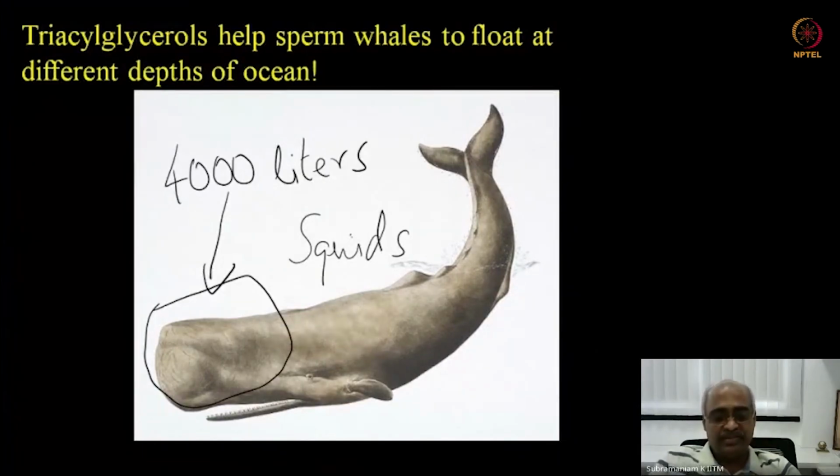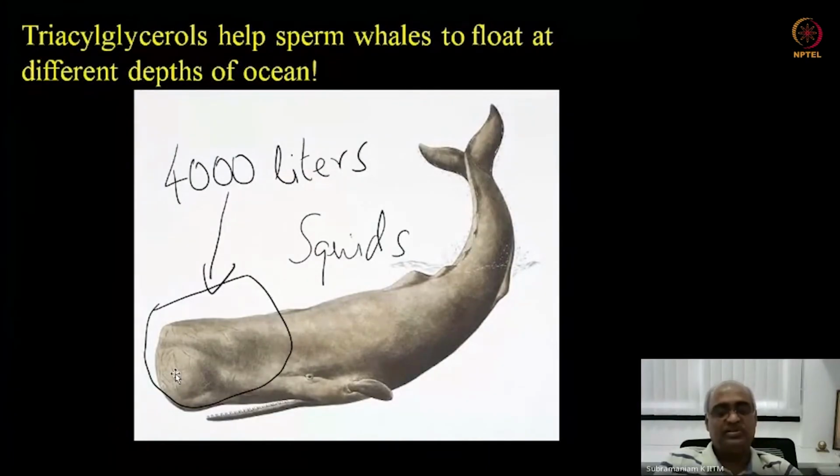So when it dives that deep, the water is denser there and it wants to wait there longer. So its buoyancy should be adjusted to the surrounding dense water. And the way it does that is, this becomes a gel. The triacylglycerol cools down because the temperature is cold.